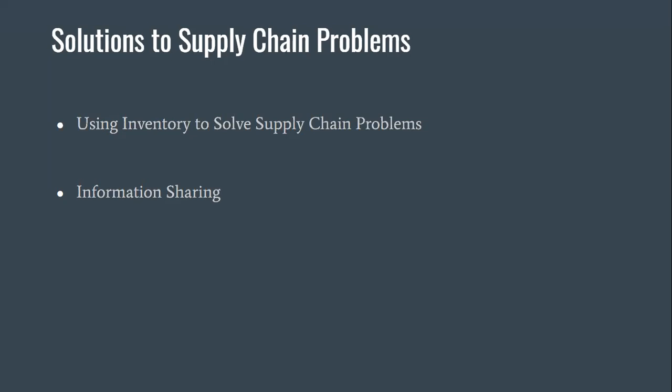Using inventory to solve supply chain problems means building inventory as insurance against supply chain uncertainties, which is the most common solution. Holding too much or too little inventory can be very costly. To optimize and control inventories, companies use a just-in-time inventory system.